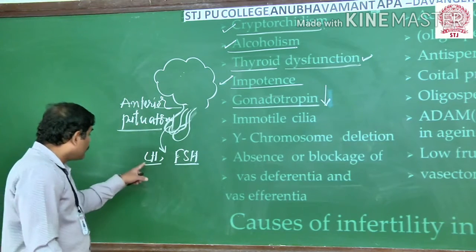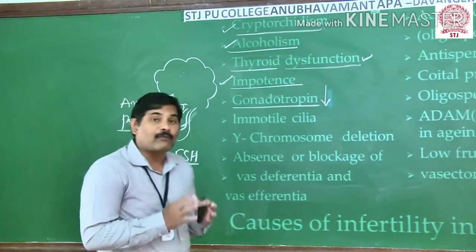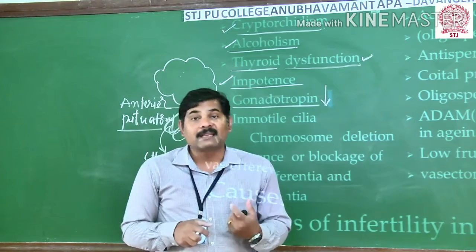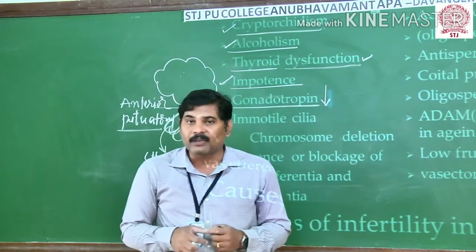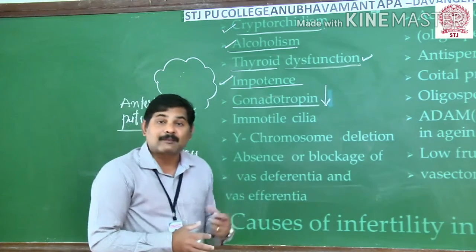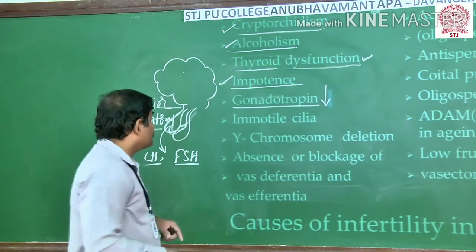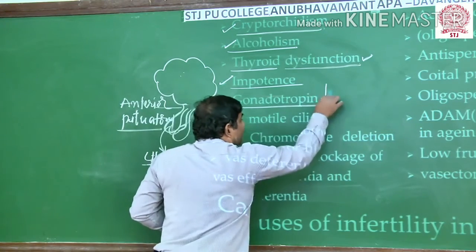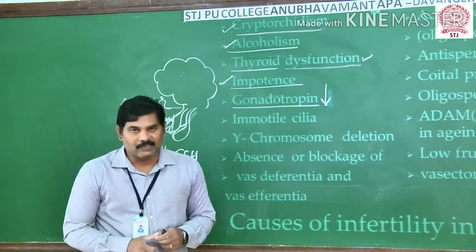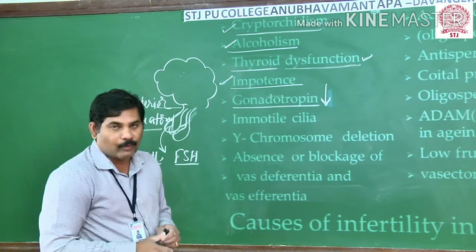They have their own functions on the testicles. They act on Leydig cells and Sertoli cells respectively, triggering spermatogenesis and the release of male androgens like testosterone. Since these androgens are deficient, spermatogenesis is obstructed, finally leading to infertility. This is one more important cause.